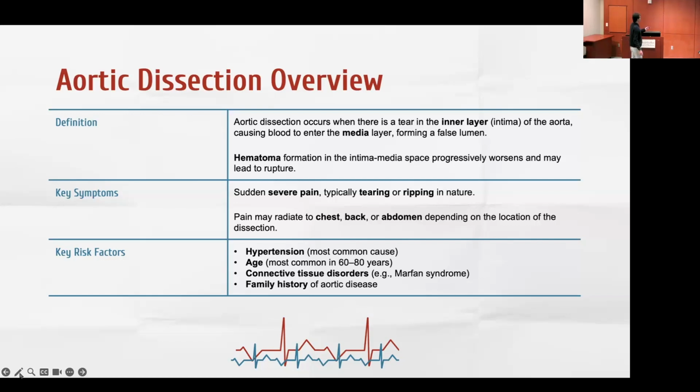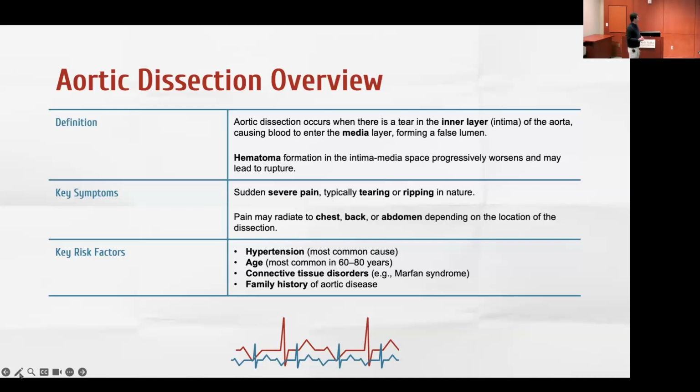Key symptoms: when a patient has very acute, strong pain that is usually ripping or tearing in nature, this is a red flag that it could indicate dissection. And where the pain is matters. It could be located in the anterior chest or the back, and that is going to have a different clinical outcome, as we'll discuss.